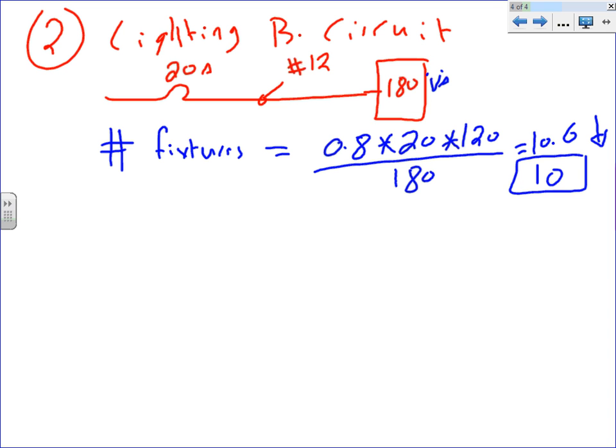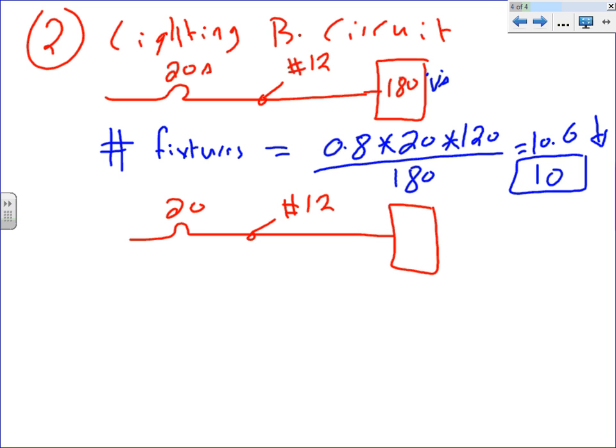Now, let me give you the second scenario. If you know your lights, this is the worst scenario you're going to have. The second scenario, and fixtures are different, for that 20 amp, number 12: if you're using fluorescent, like right above your head, typical lights, on average most of them are 100 watt or less, 100 volt-amp or less.